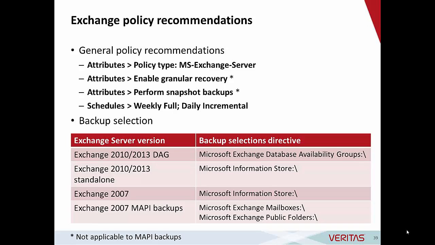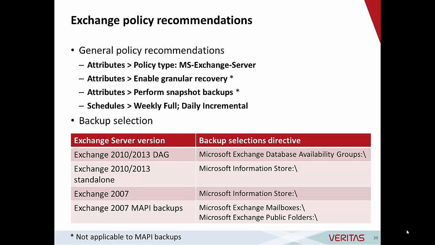Performing snapshot backups is recommended for all Exchange backups and required for Exchange 2010 and later. And the schedule should be configured to satisfy the recovery point that you're on the hook to provide in your service level agreement. Certainly a weekly full and a daily incremental would be a reasonable suggestion, although you tailor that to your needs. You might need to do it a little more frequently than that to accomplish your objectives.